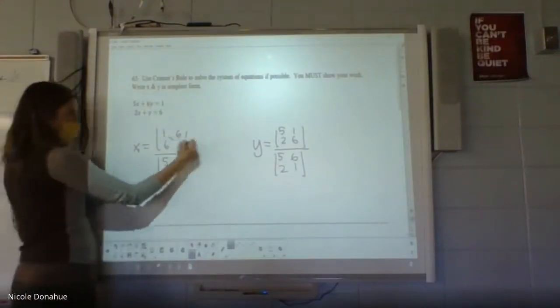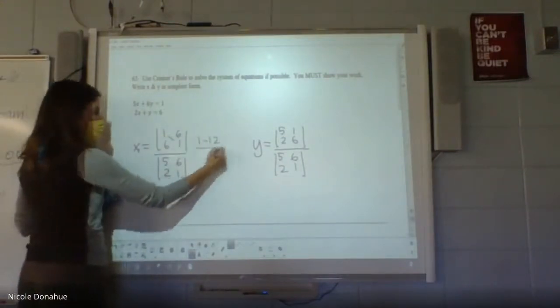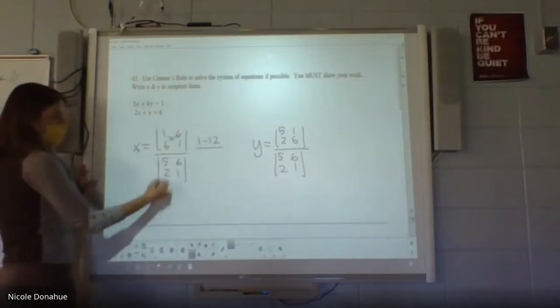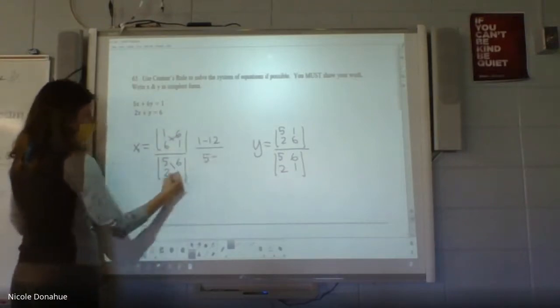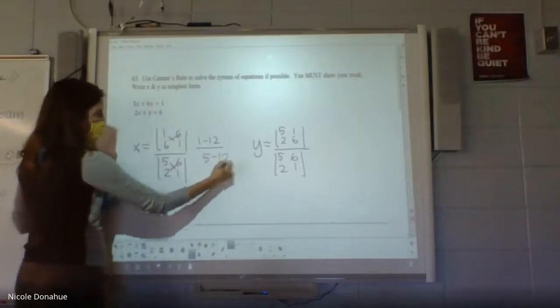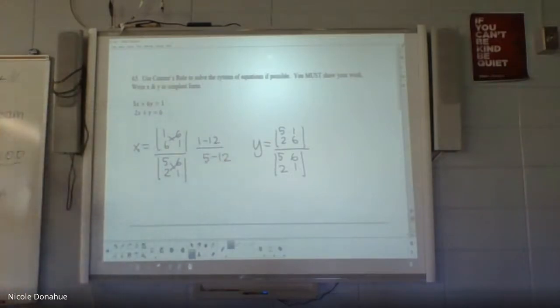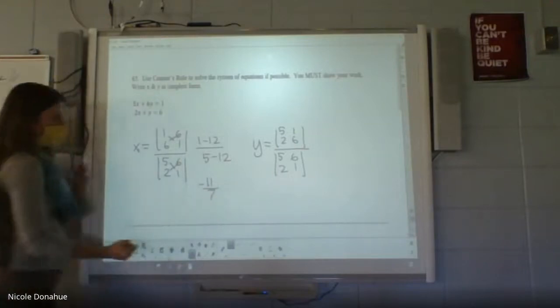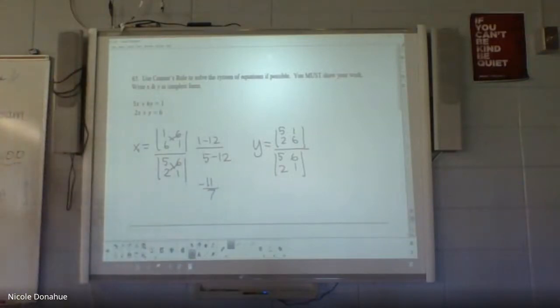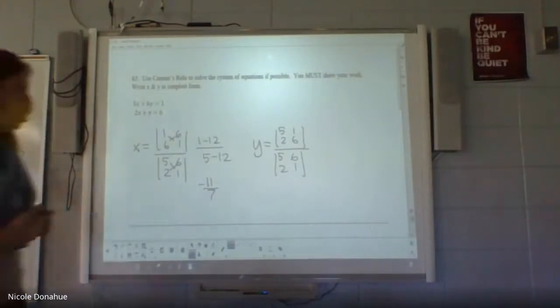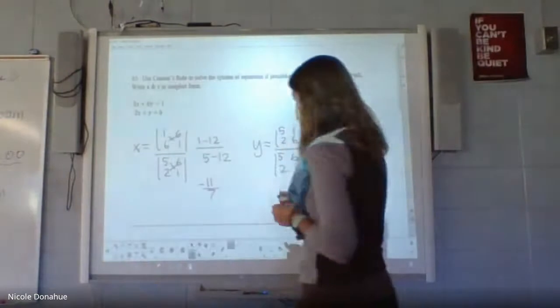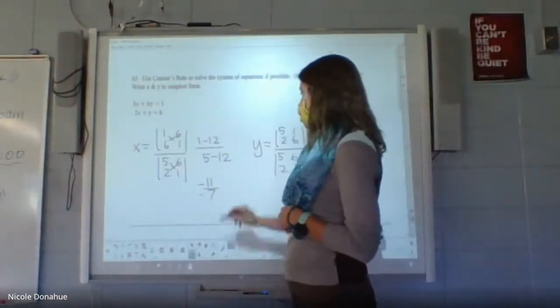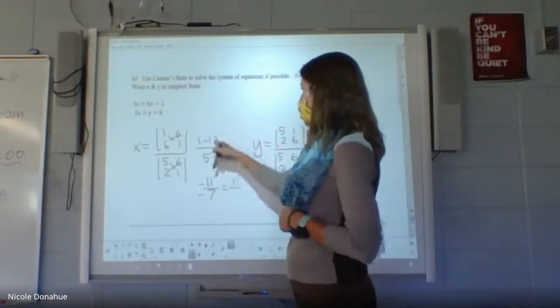So we're going to do downhill minus uphill. Downhill minus uphill. Oh, this should be 36.